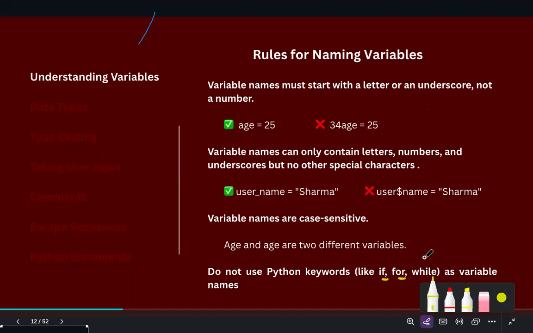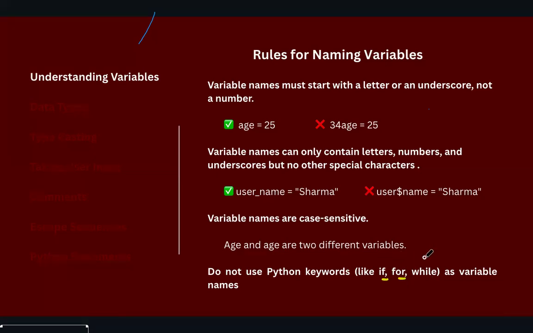If, for, while are some of the basic keywords, but there are many others as well. Once you start progressing in this Python journey, you will understand those keywords, and you are not supposed to use those built-in Python keywords as variable names, to avoid confusion and errors.